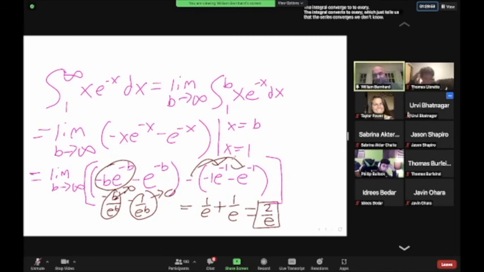We don't know what the series converges to here, but because the integral converges via the integral test, we know the series converges. But the area under the curve, if I drew this curve and I tried to find the area from 1 off to infinity, despite the fact that it's unbounded, we still have a finite area under the curve, namely 2 over e. Okay, questions here?